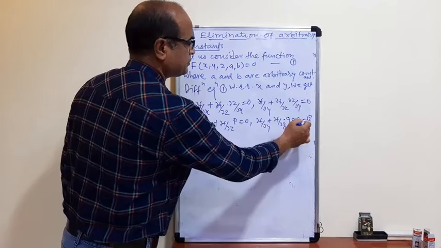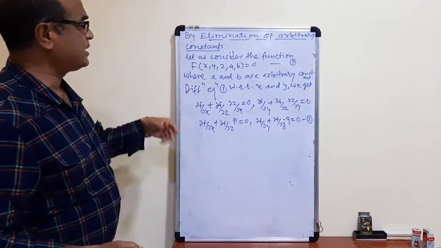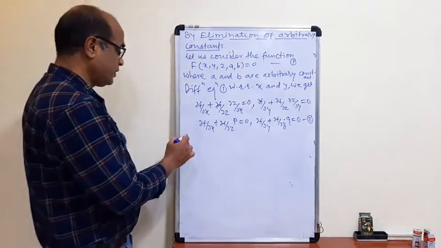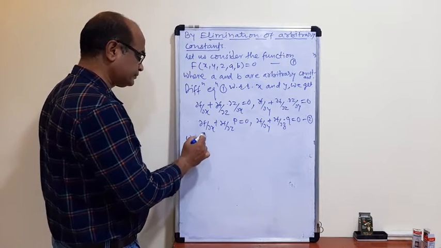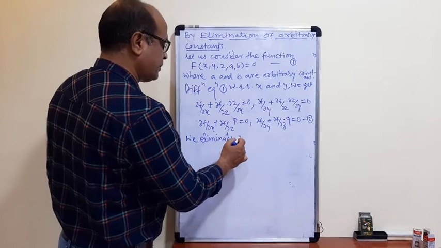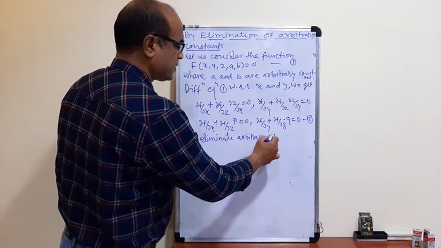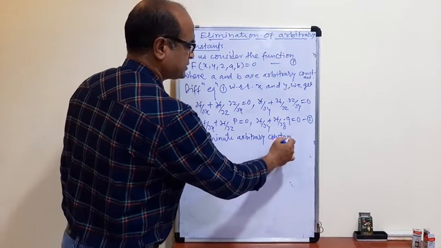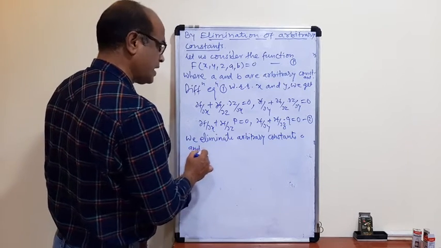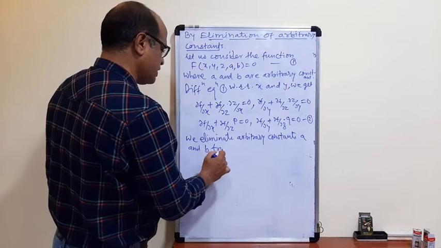This is equation 2, which we get after differentiating with respect to x and y. So we eliminate the arbitrary constants a and b from equations 1 and 2.